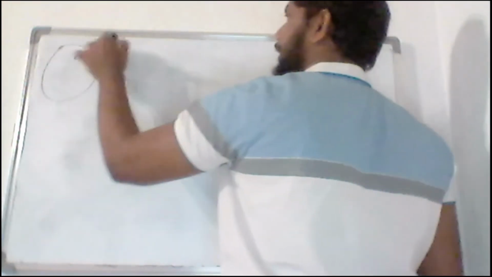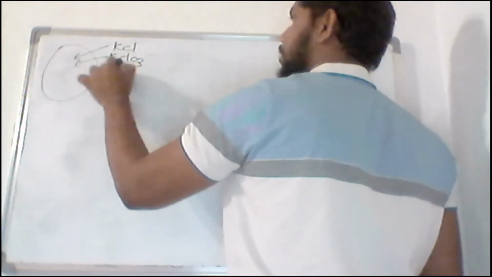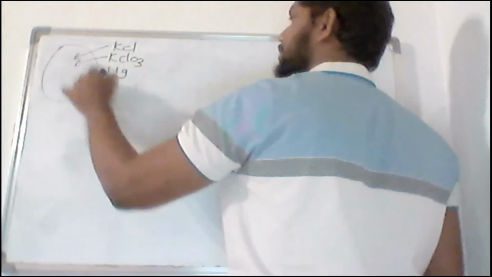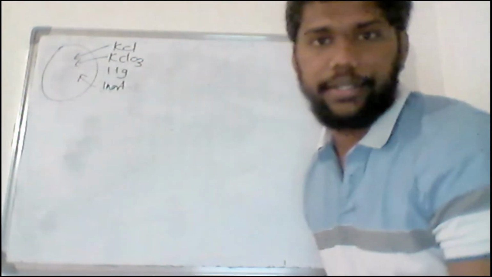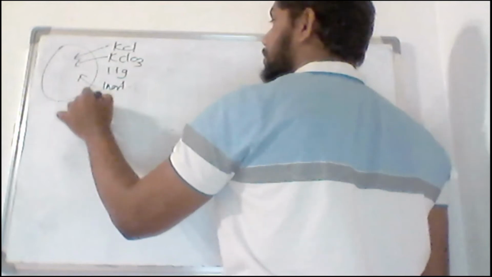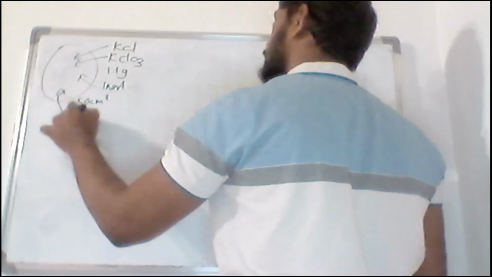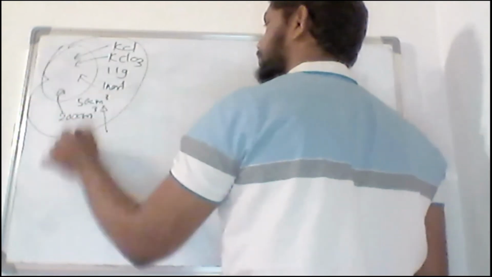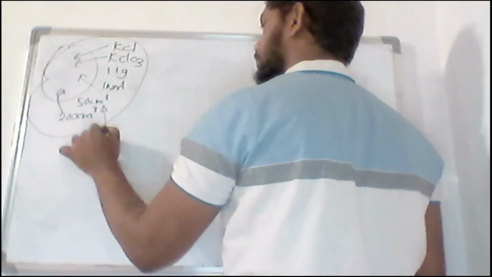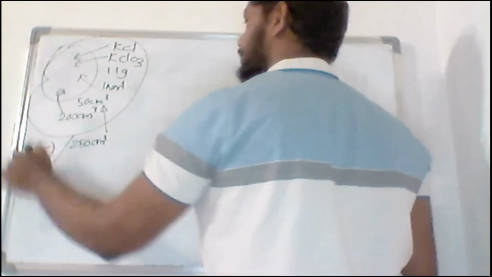This mixture contains KCl and KClO3, and it's 1.1 gram, and there is an inert material also, right? So what they have done here is they have taken 1.1 gram and dissolved it in 50 cubic centimeter of water, and diluted it up to 250 cubic centimeter solution using 200 cubic centimeters, right? So this is why.